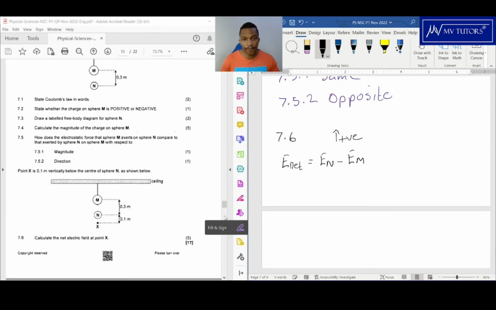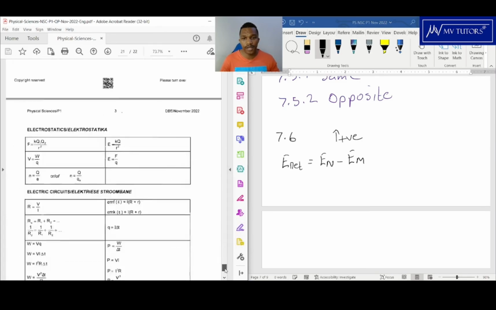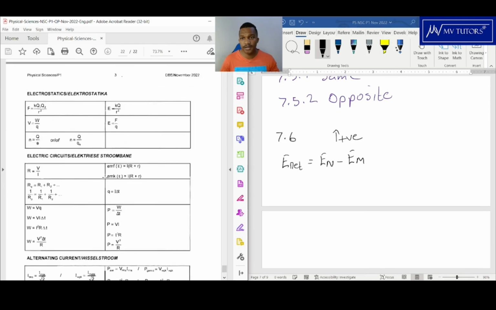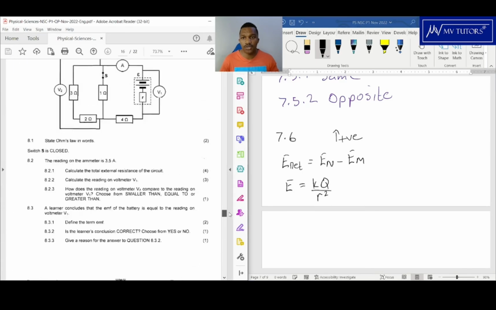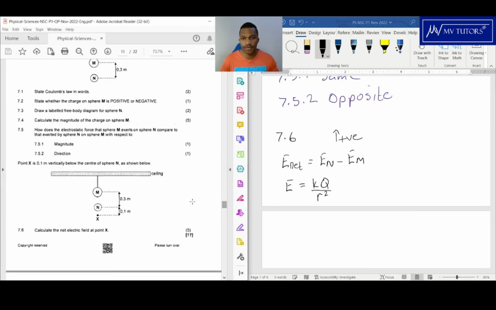But before that, let's go fetch our formula for that. There it is. E, the electric field, is just K times Q over the distance squared. Now we're in a position to go back to our question and start answering it. Remember we said we'll start with EN, so let's start with EN. K is just 9 times 10 to the power 9, it's a constant.